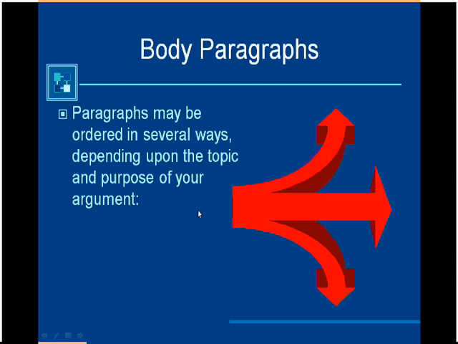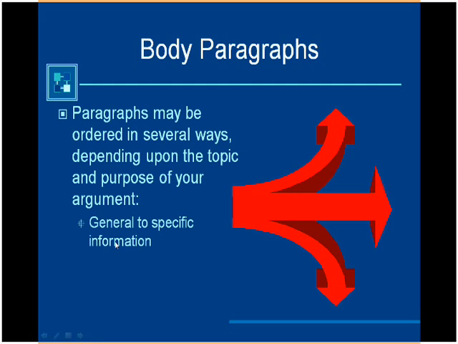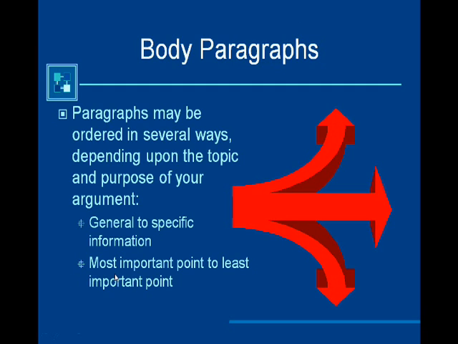So these ways are like this. General to specific information. So you start by the general information and then you move to the specific ones. Most important point to least important point. So you start by the most important thing, which you feel is very important to talk about at the beginning, and then you go down to the least important ones.